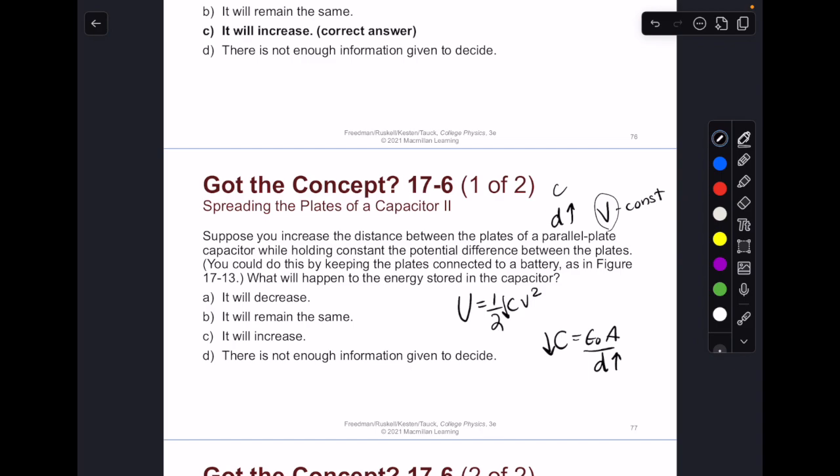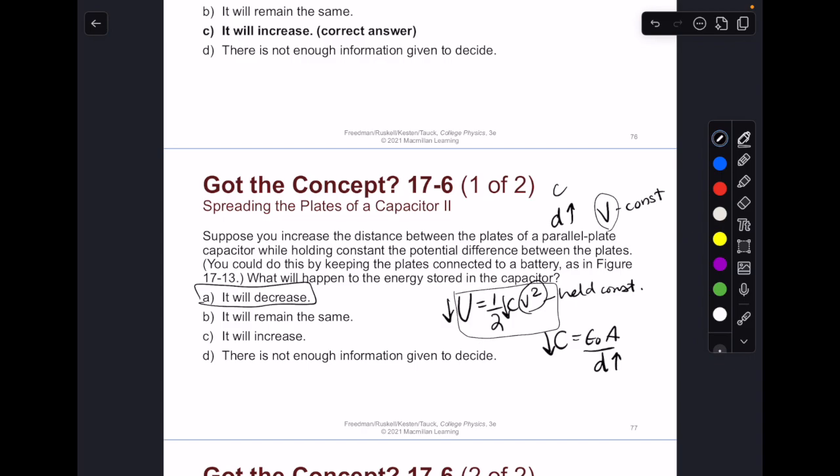So if capacitance decreases, then the potential energy will also decrease because they are proportional, right? And V is being held constant. So it will decrease.